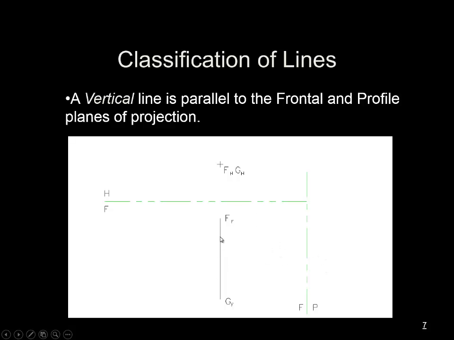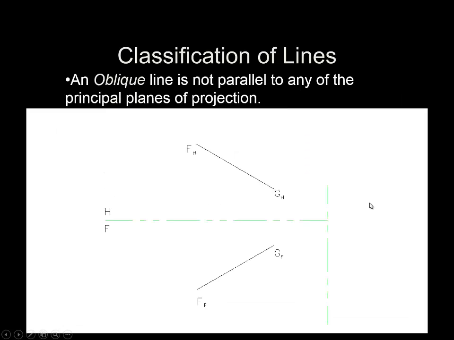So I would not classify this one as both profile and frontal. The correct classification is it's a vertical line. So the way I usually abbreviate that is if it shows up as a point view in the horizontal plane, it's a vertical line. Then if I have a line that's not parallel to any of the principal planes, it's simply an oblique line.